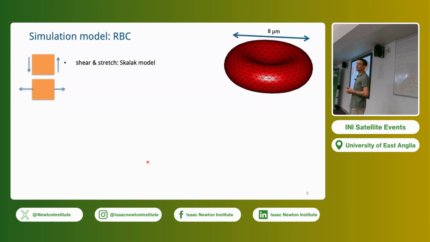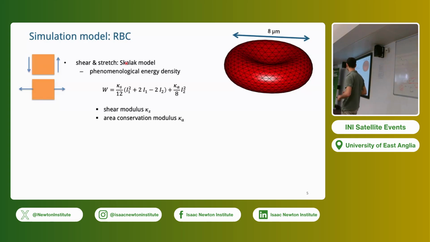Since this membrane is a complicated structure, the approach is to use a phenomenological approach that has been pioneered by Skalak in the 1970s. He did simple measurements on the mechanics of these red blood cells, and then he wrote down an energy functional describing these forces that he saw, without any direct link to the microscopic structure.